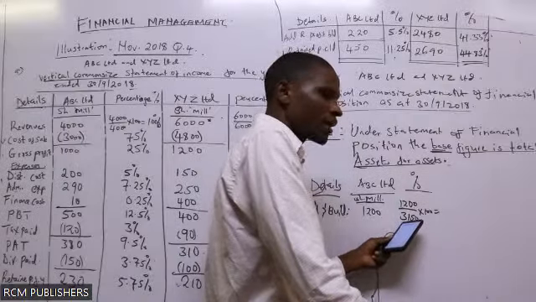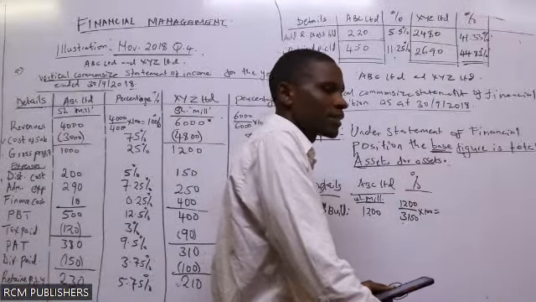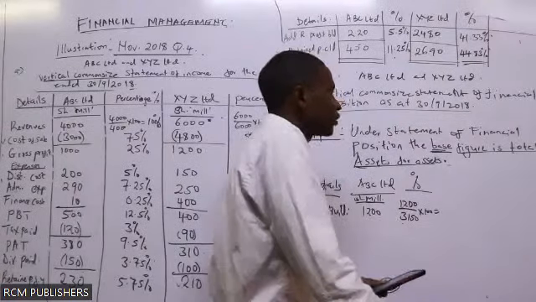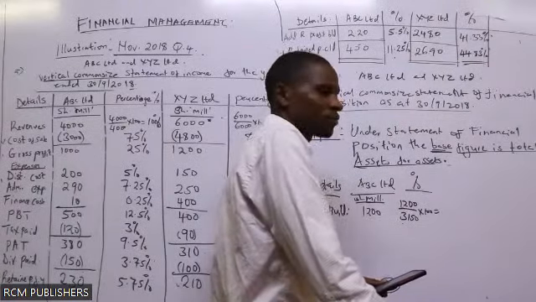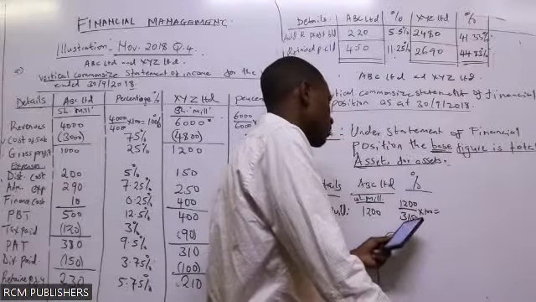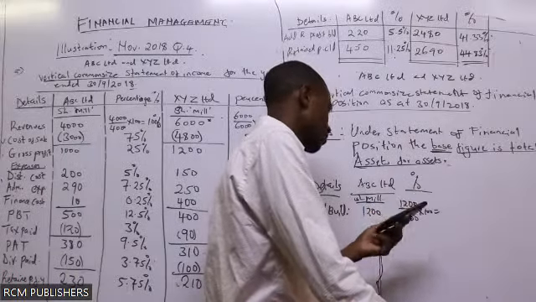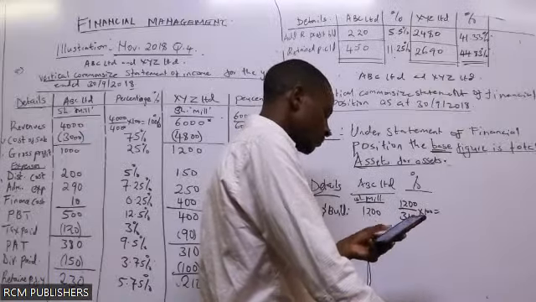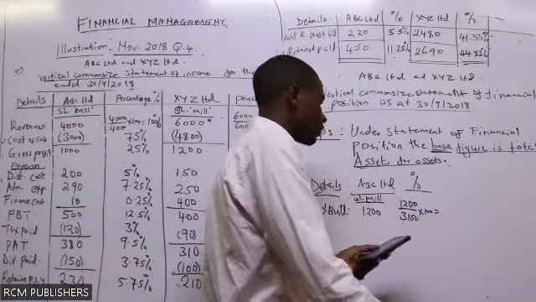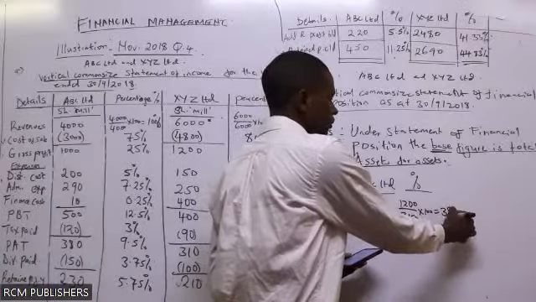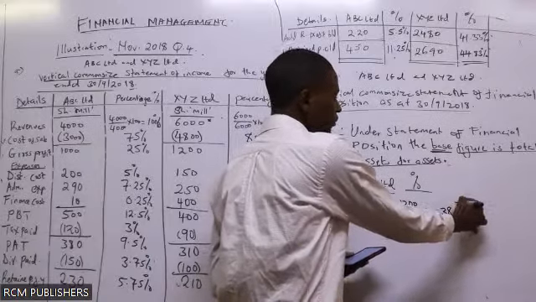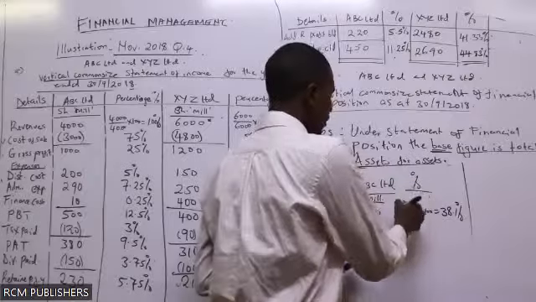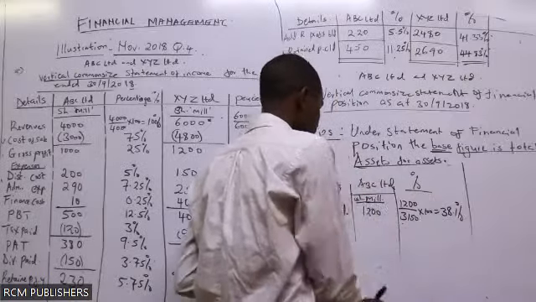The base figure under the statement of financial position is total assets. 38.1. So you do the same for the rest.